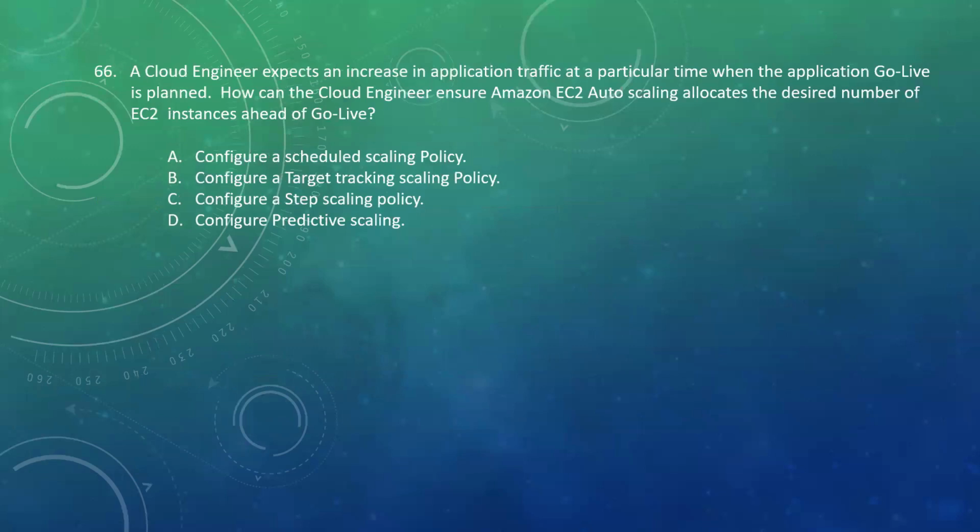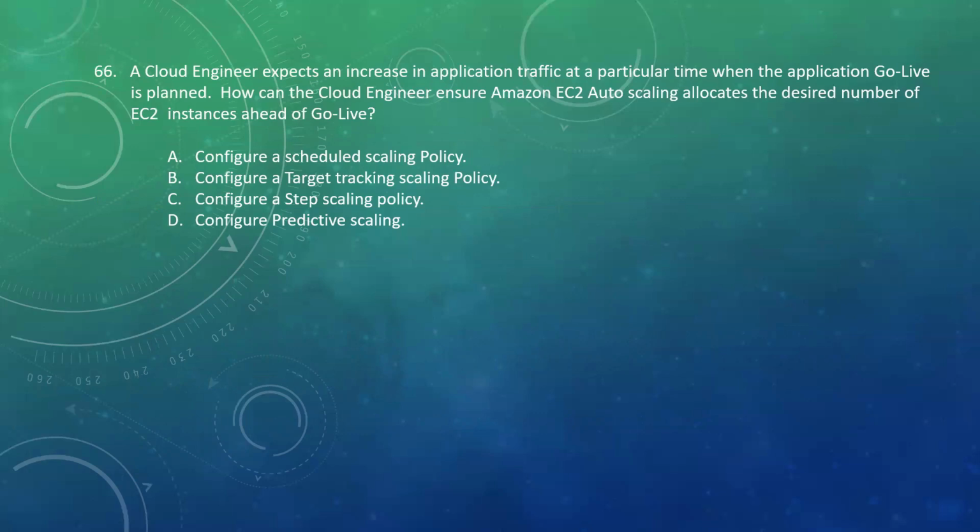Moving on to the next question. A cloud engineer expects an increase in application traffic at a particular time when the application go-live is planned. How can the cloud engineer ensure Amazon EC2 Auto Scaling allocates the desired number of EC2 instances ahead of go-live?